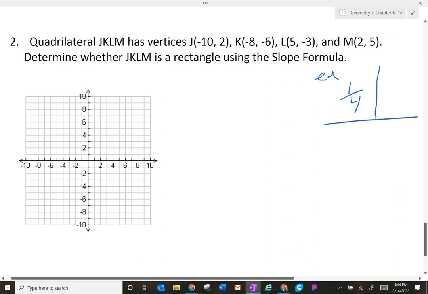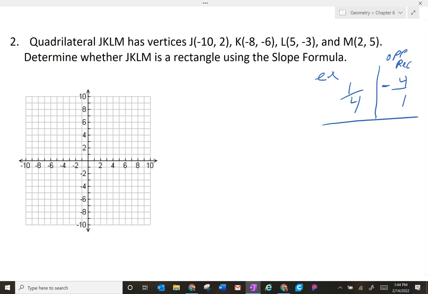Is it the opposite reciprocal? Yes. If my slope was 1/4, my perpendicular is going to be the opposite reciprocal. So instead of having 1/4, it'd be 4/1. The first one's positive, this one would be negative. I want to give you a chance to write that so you can see what we need to figure out.